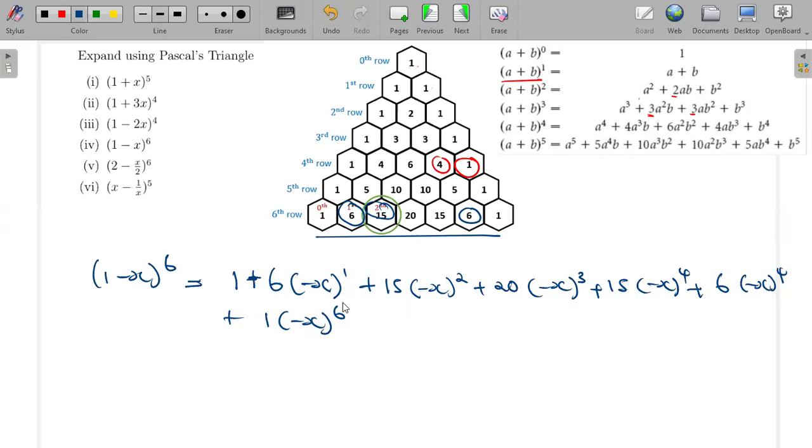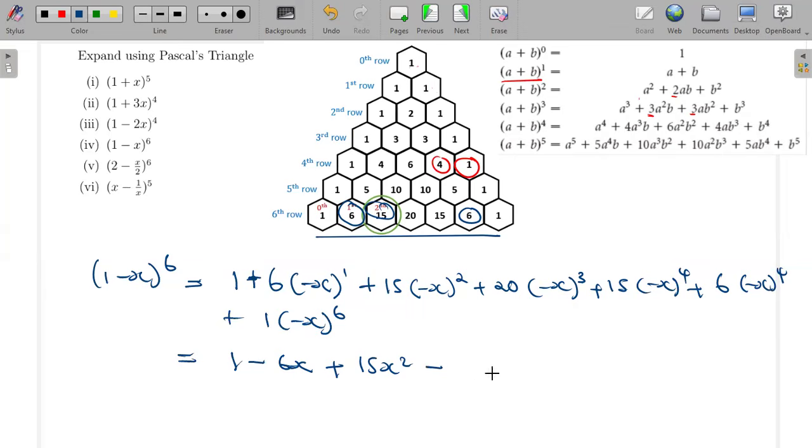Okay, so this here is what we have. And then what are we going to do next? Here we just multiply, so we get 1, then minus, you get negative 6x like that. Here we multiply. This negative x squared is going to be positive, so this will be plus 15x squared. Where there is an even power, just know we'll get a positive. Where there is an odd power, we get a negative.